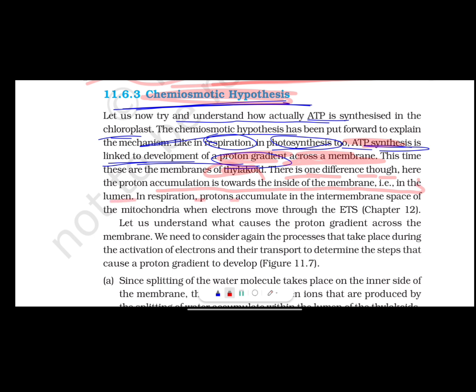In respiration, proton accumulation is in the intermembrane space in the mitochondria, where the electrons move through the ETS. So can you understand what they are coming to say?